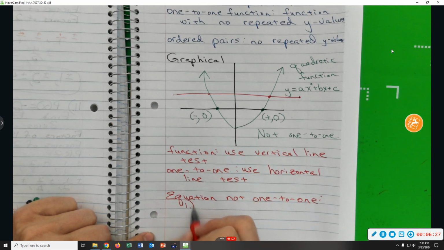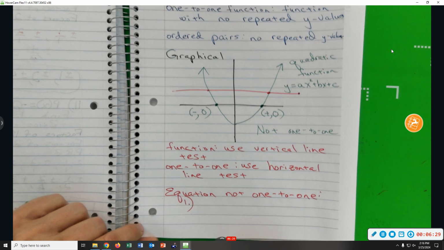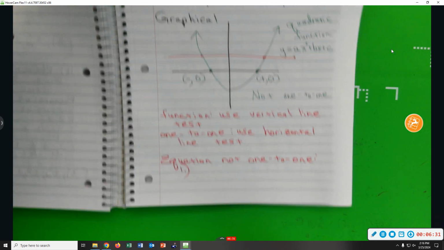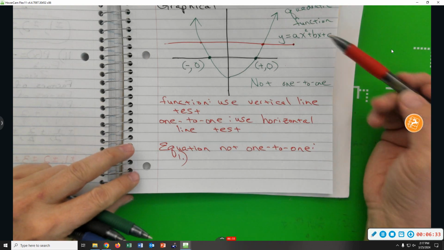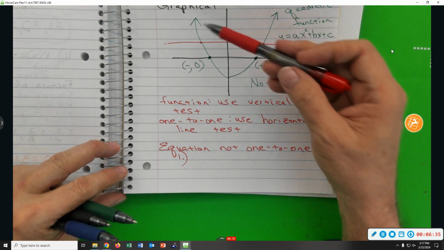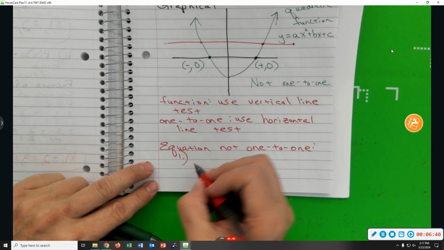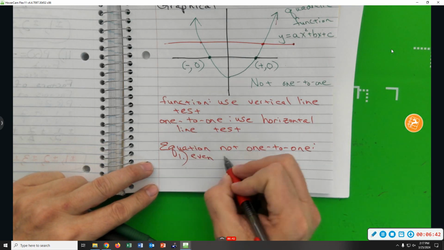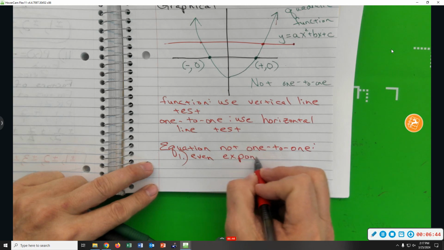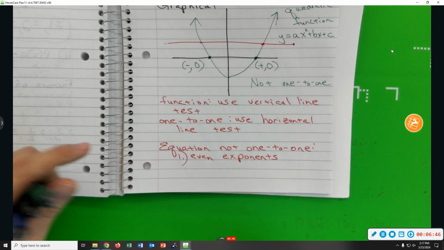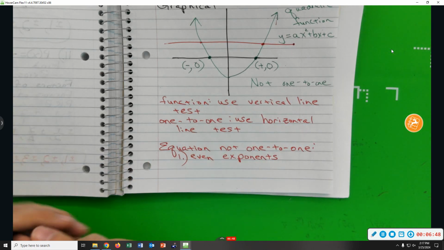I can think of two different things that we've graphed this semester that would not be classified as one-to-one. One of them is this picture right here, the U-shaped figure, those even exponents. If you see that the equation has even exponents, you should start thinking that it's probably not going to be one-to-one. I remember another graph we drew this semester.